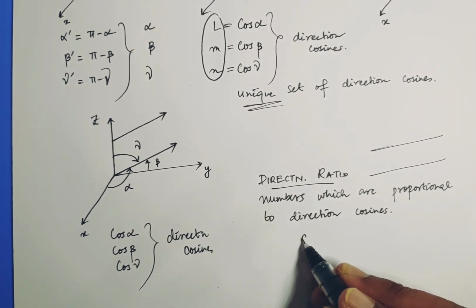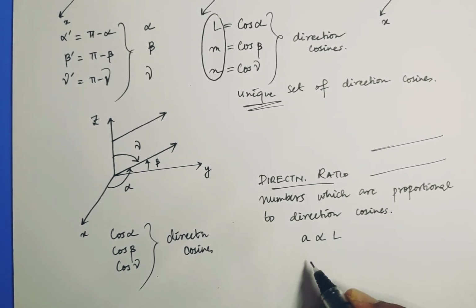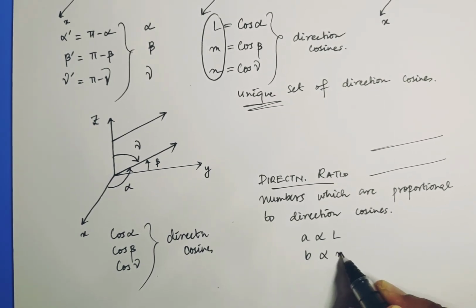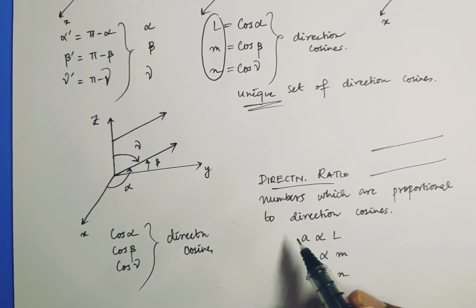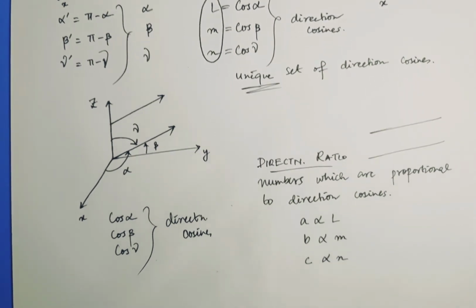So I can say a is proportional to l, b is proportional to m, and c is proportional to n. So these a, b, c, these numbers will be known as direction ratios. Okay, clear? Why? Because they are proportional to l, m, n.